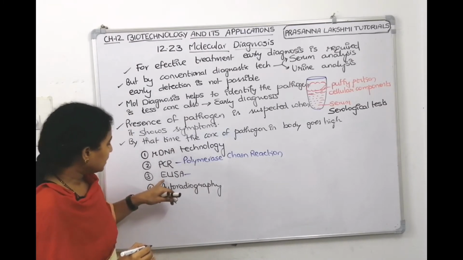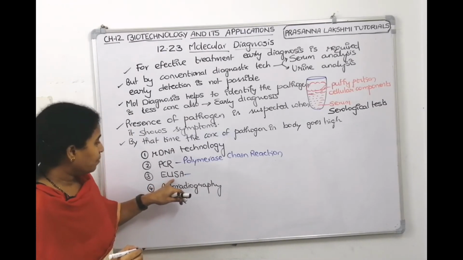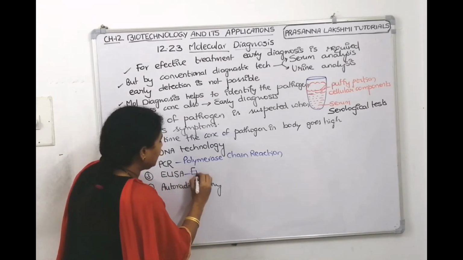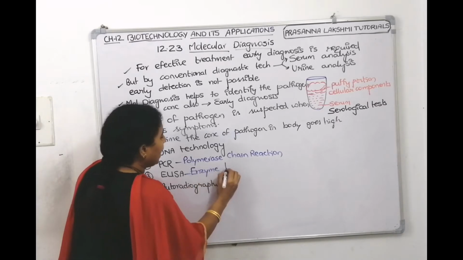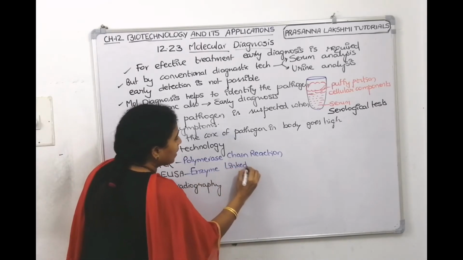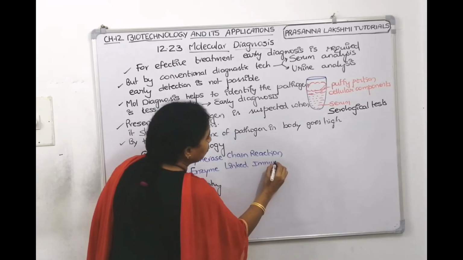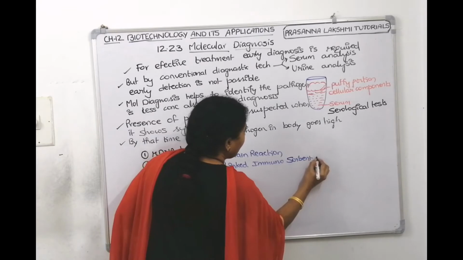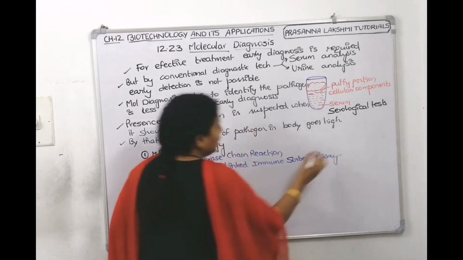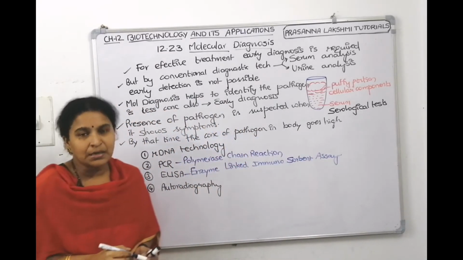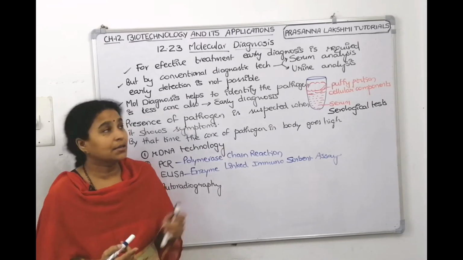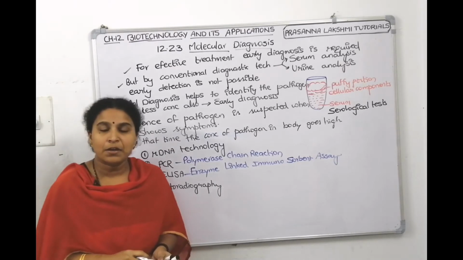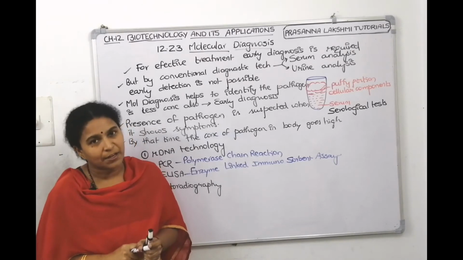ELISA stands for enzyme linked immunosorbent assay: E for enzyme, L for linked, I for immuno, S for sorbent, A for assay. It is another technique coming under molecular diagnosis. And the last one is autoradiography, where we use radiolabeled probes to identify the pathogen.